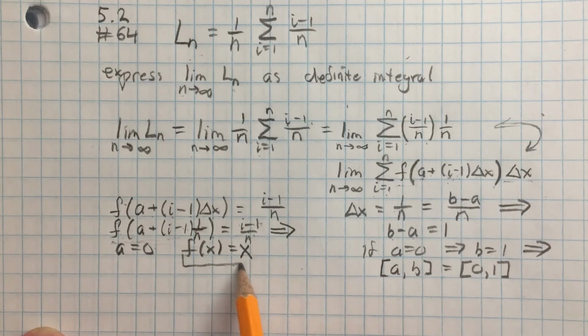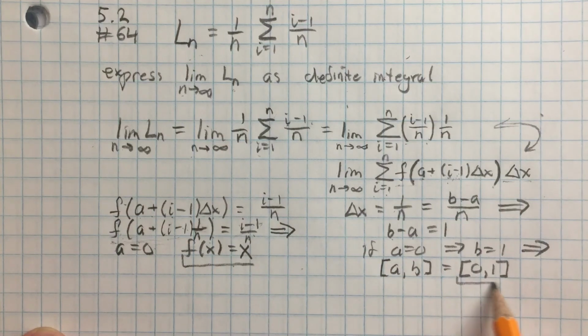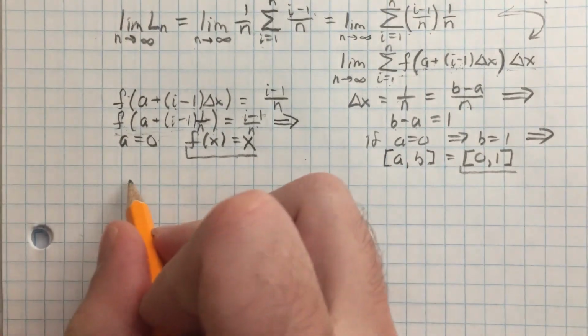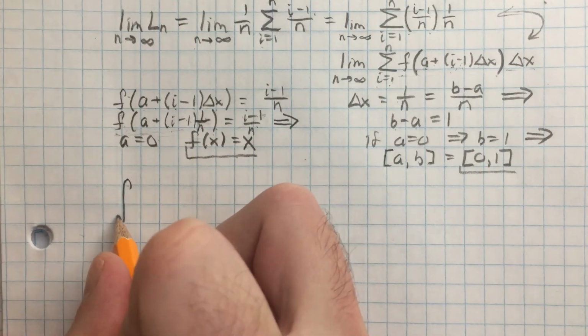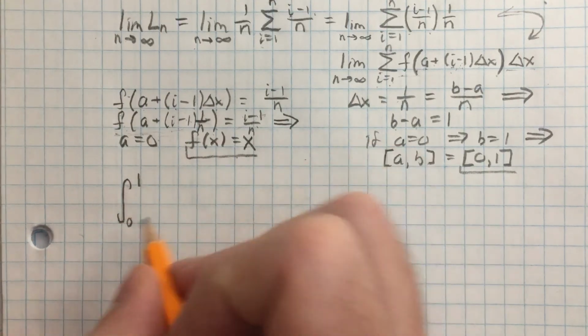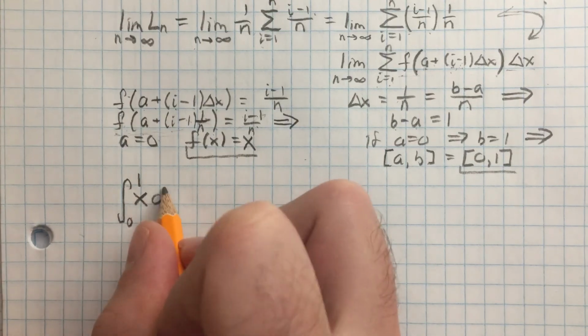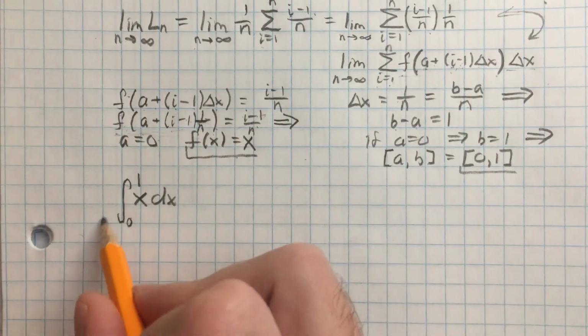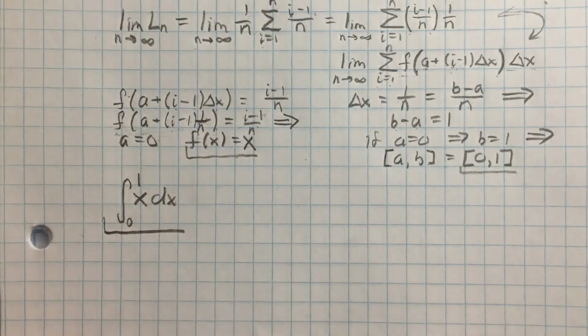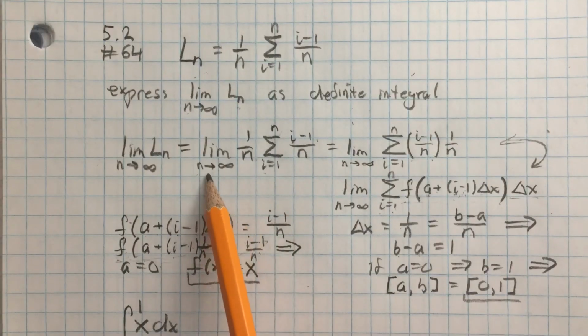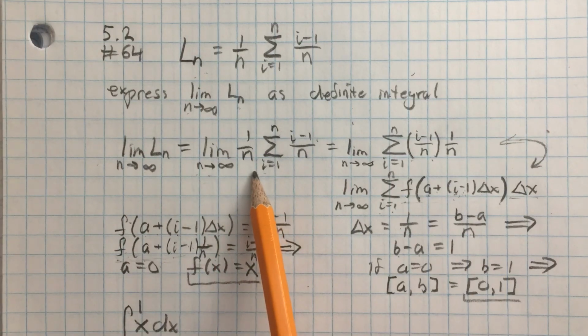Now I have the function, and I have the interval. So therefore, my integral must be the integral over the interval [0, 1] of f of x, just x, dx. There is our definite integral expression for this particular limit of a left endpoint Riemann sum.